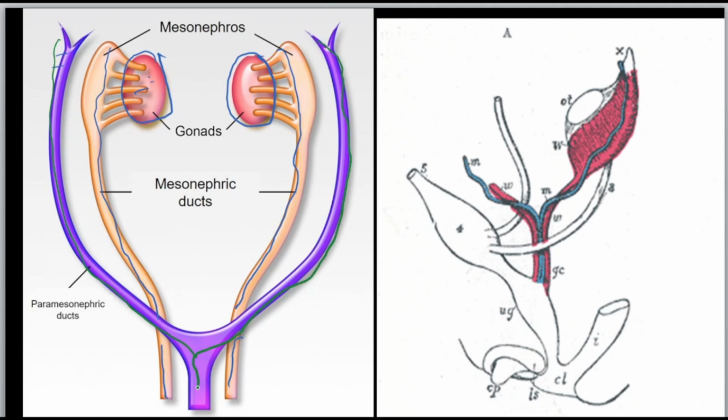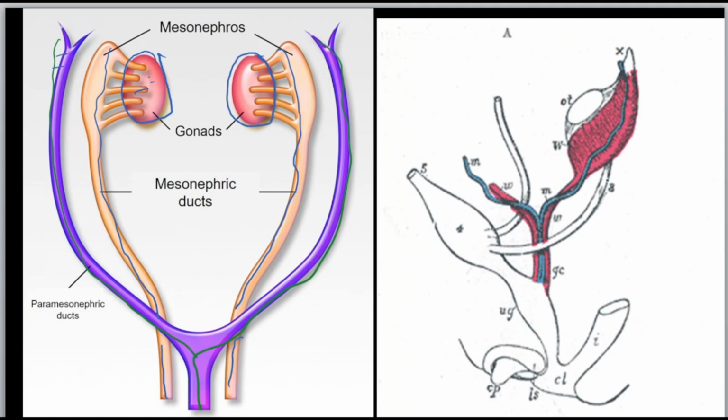There are two in number. It has three parts: upper vertical, middle horizontal, and lower vertical part. And these two structures fuse to form the uterus and the upper part of vagina and fallopian tube. This is the main structure to develop female internal genitalia.